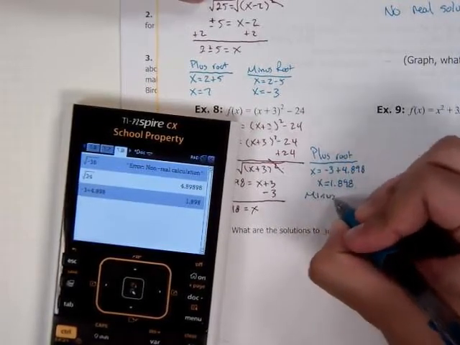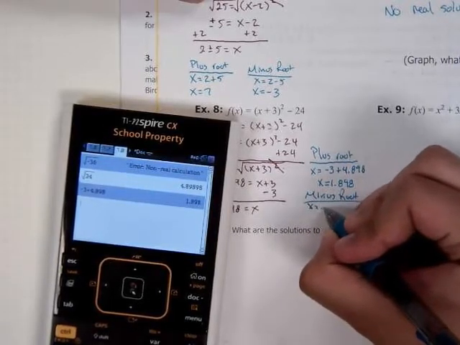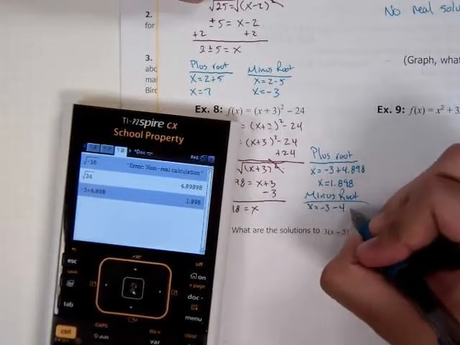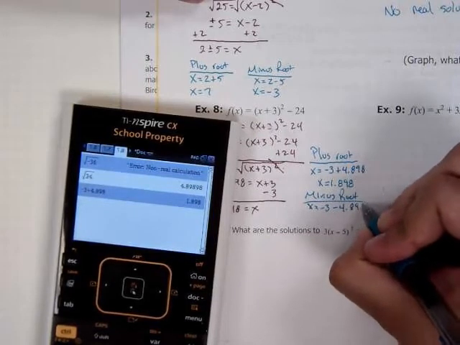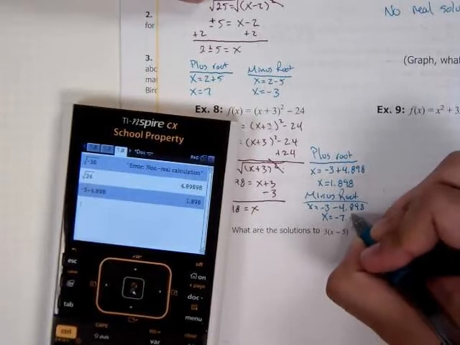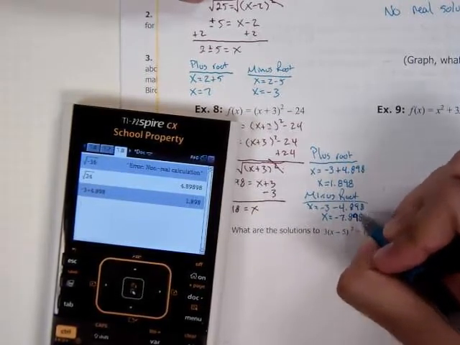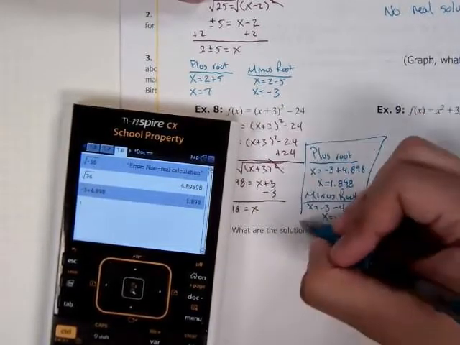Minus root: x is equal to negative 3 minus 4.898, which is going to be x is equal to negative 7.898. Here are our two answers.